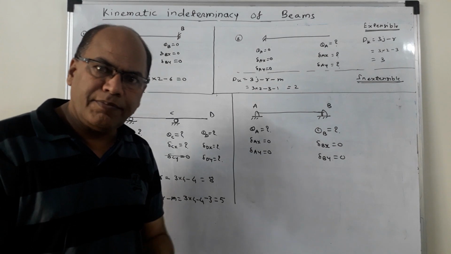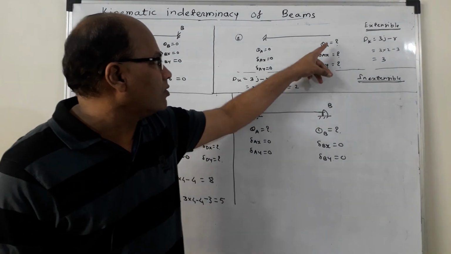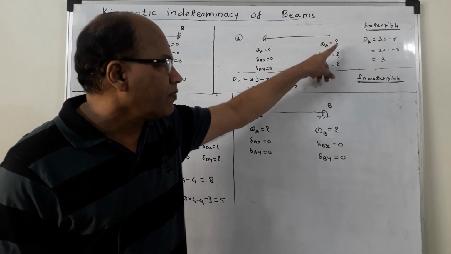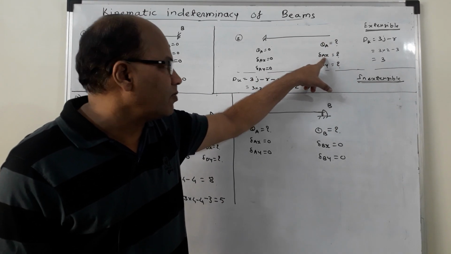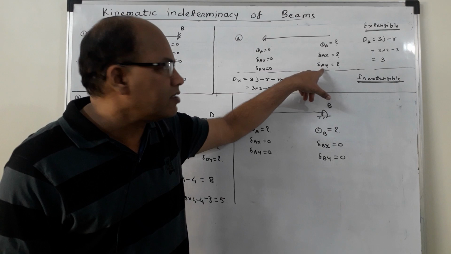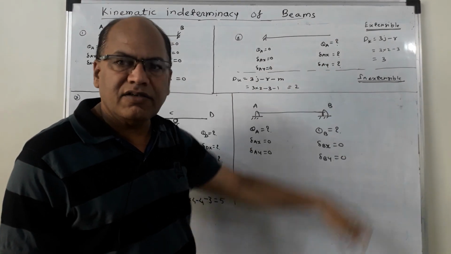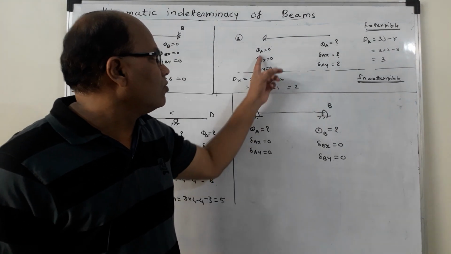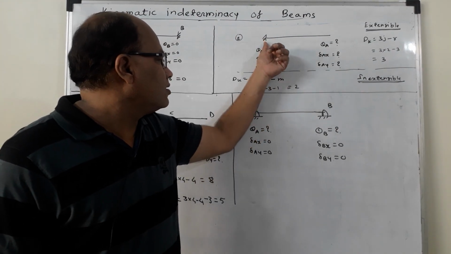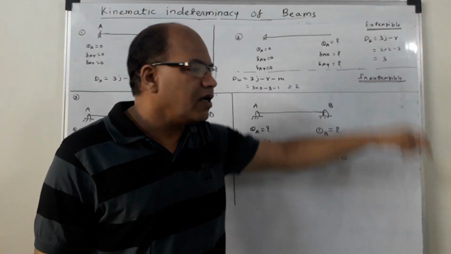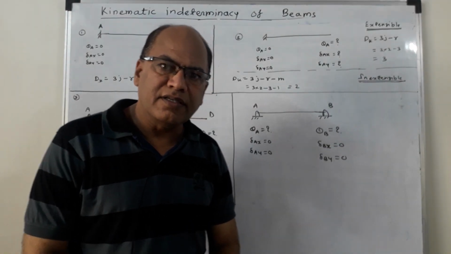We have seen it in the previous lecture. So theta A, delta Ax means rotation at A is possible, translation along the x axis is possible, translation along the y axis is possible at this free end. So the free end has 3 degrees of freedom, and that is why the total degree of freedom is 0 at this support, 3 at this joint. So that is why the degree of kinematic indeterminacy is 3 in this case.